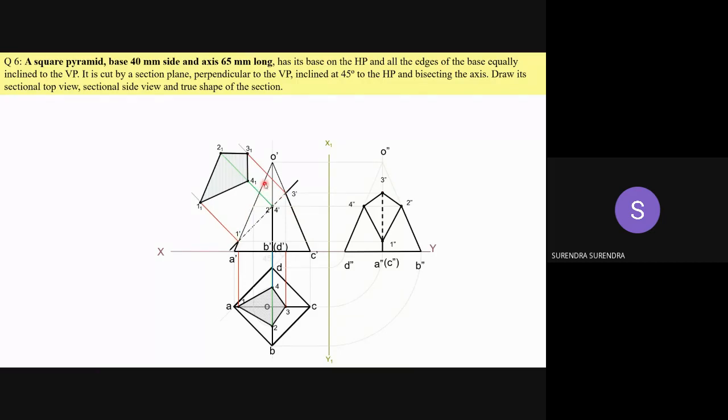Observe here, a small logic. When it is a complete solid, the edge CO is overlapped by AO. But we are cutting with a section plane and removing this region. When this region is removed, the edge CO is retained from C to 3, but the AO edge is retained only up to A1. So the A1 edge is only up to this part.